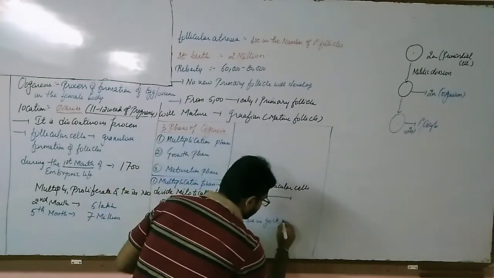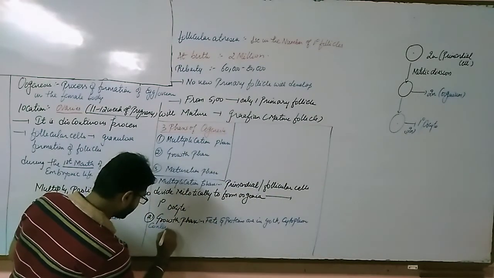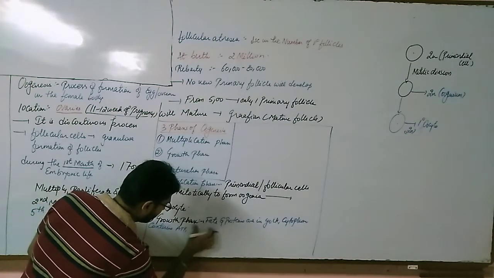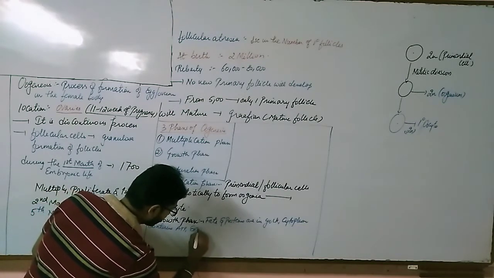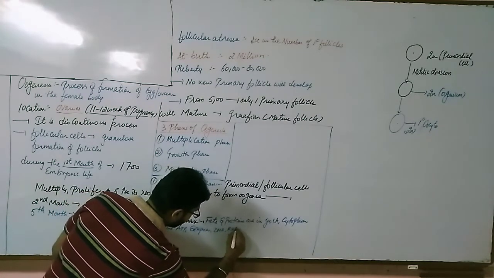Cytoplasm is rich with, cytoplasm contains ATP, enzymes, DNA, RNA.